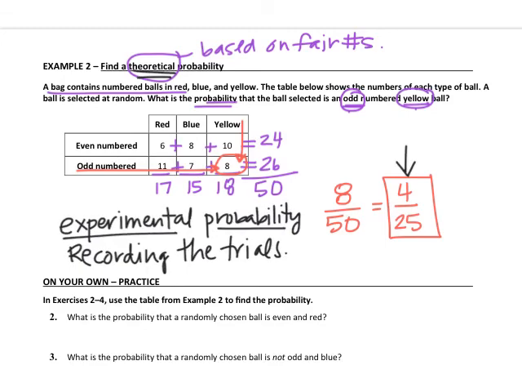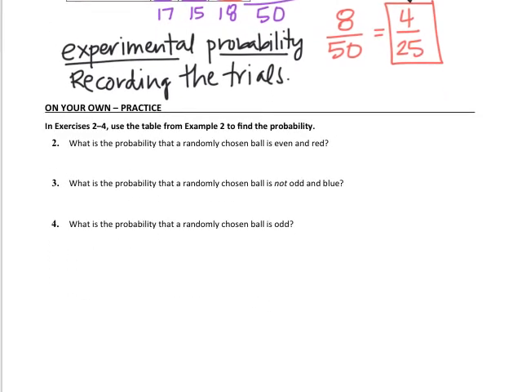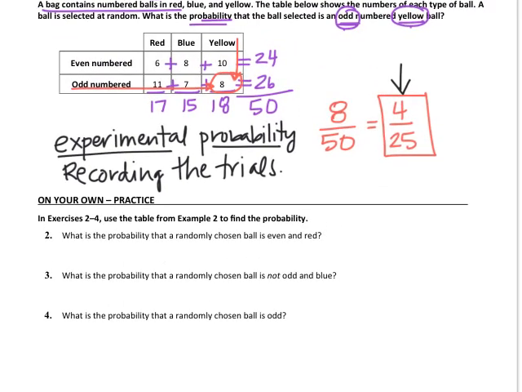The on your own problems down here, I would like you to practice using this idea that we just were looking at. However, you're going to be looking at choosing a ball that is even and red. Remember, there are 50 balls in the bag. Make sure that you reduce. Each time you get a fraction, I want you to make sure you reduce to your lowest terms.